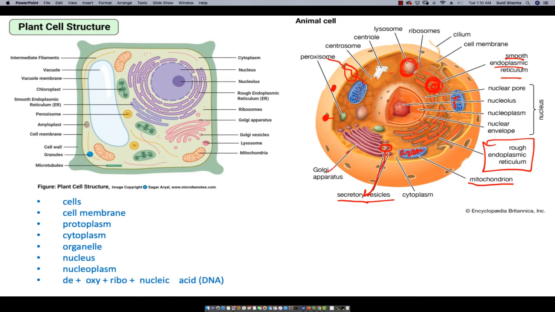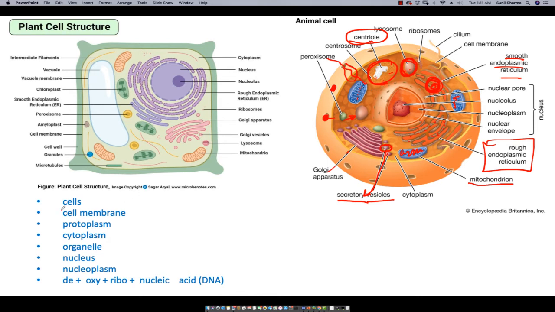They fight any kind of infection that is within the cell. If a foreign body comes inside the cell that the cell does not like, the lysosome will come and attack it and destroy it. Very, very interesting. Even though it's such a tiny unit, it has such complexity in it. And then our centriole right here helps the cells do cell division. And that's something that we will talk about.